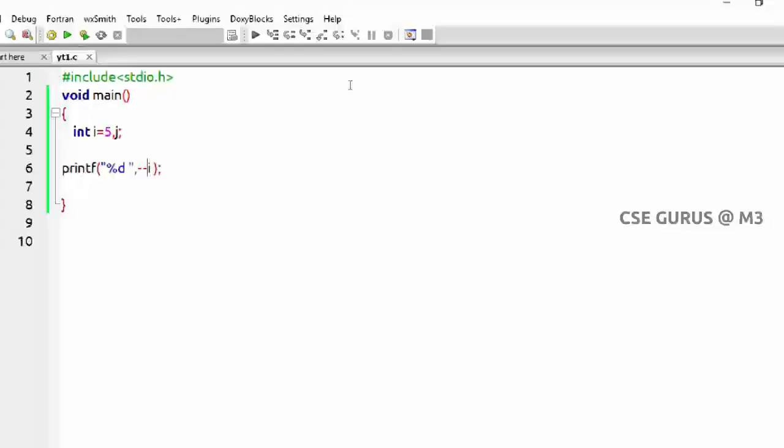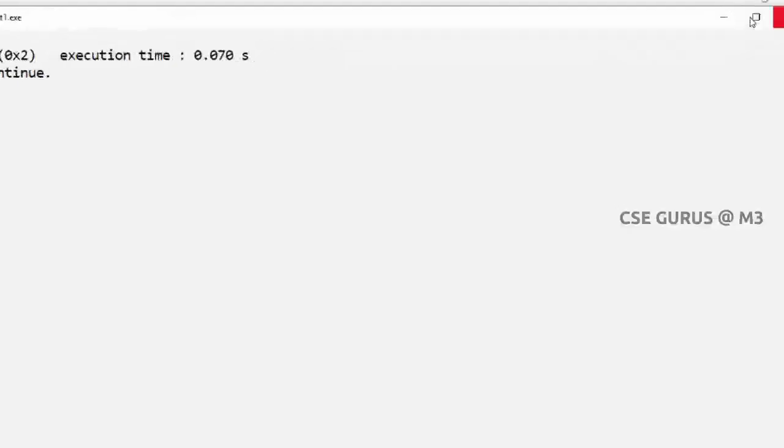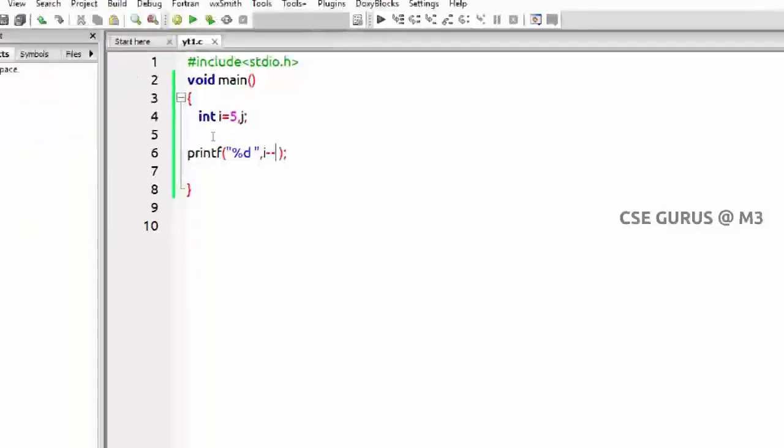And what if I write I minus minus? The output will be 5 only. That means afterwards it will be decremented, and the rules I explained for plus plus, the same thing will be applied for minus minus.